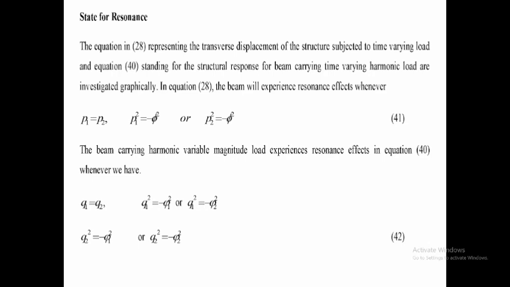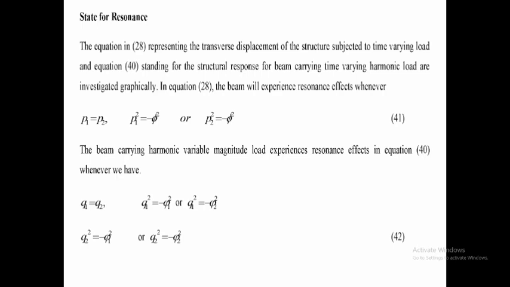State of the resonance. The equation in 28 represents the transverse displacement of the structure subjected to time varying load, while equation 40 stands for the structural response of the beam carrying time varying harmonic load. We are investigating it practically now.